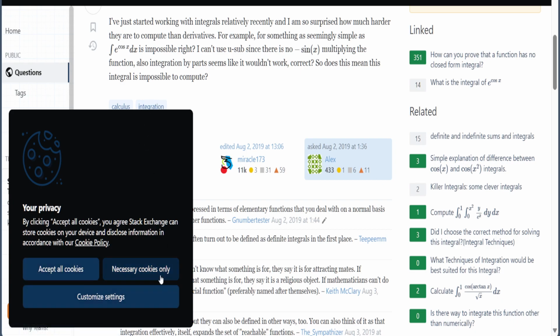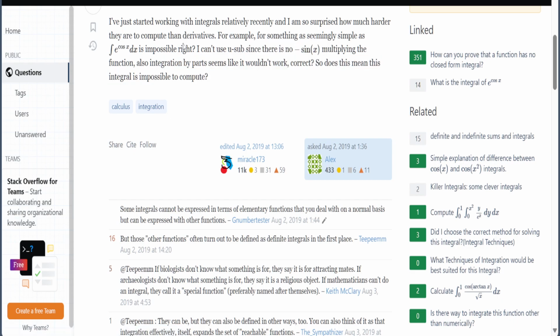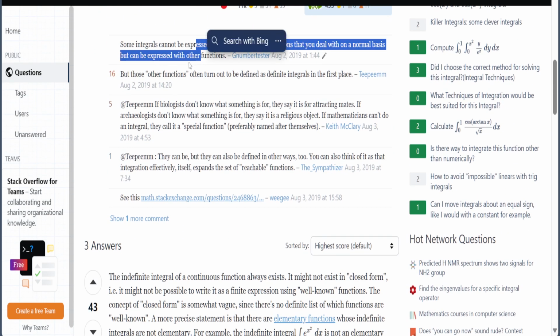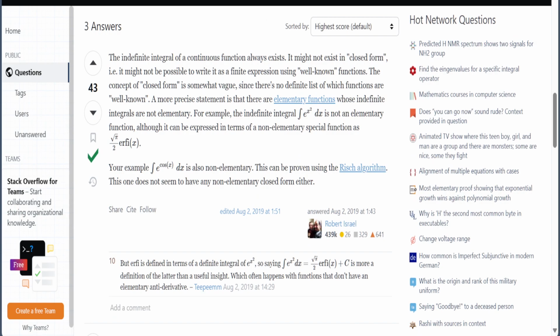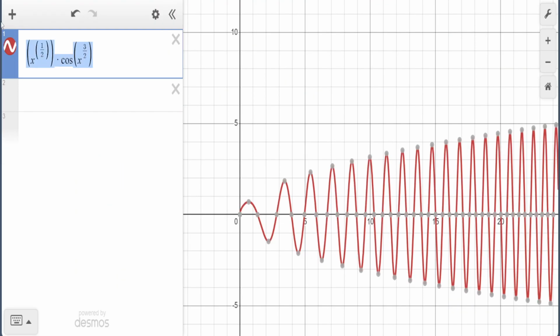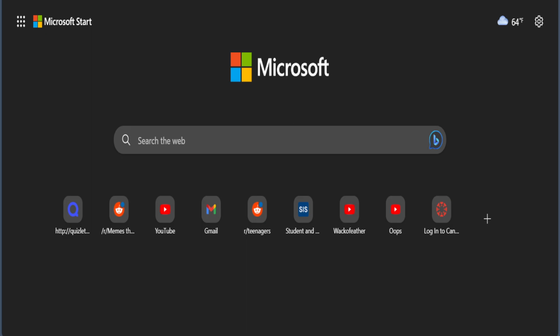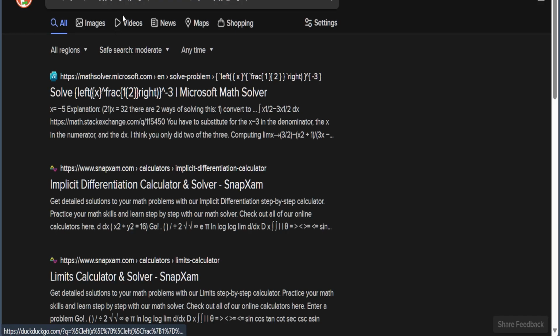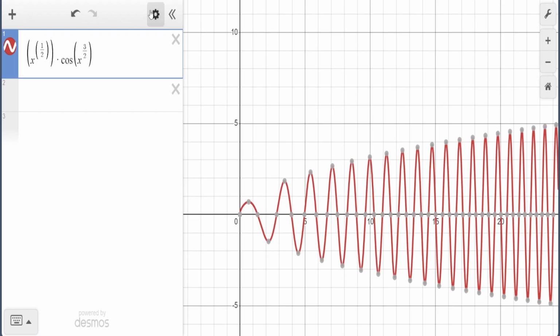Let me see. Can I copy and paste this and just see if someone made a random forum post about it? That does not work.